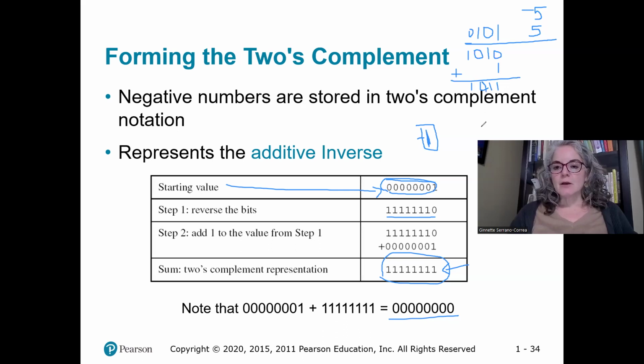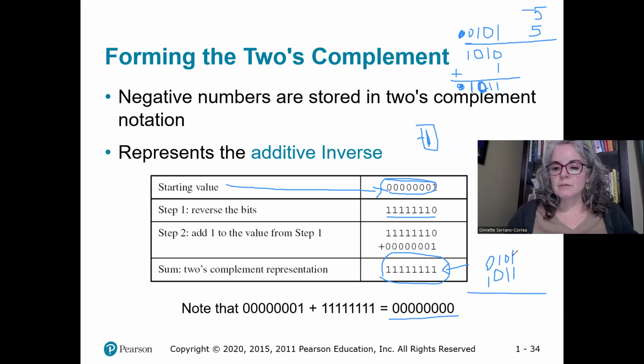Now to check it, I'm going to add this to this, and I should get all 0s. By the way, notice that there's a 1 here at the beginning. Remember that negative numbers always start with a 1. So just so you know. Okay, I'm going to add 0, 1, 0, 1, the original number, to my 2's complement, 1, 0, 1, 1.